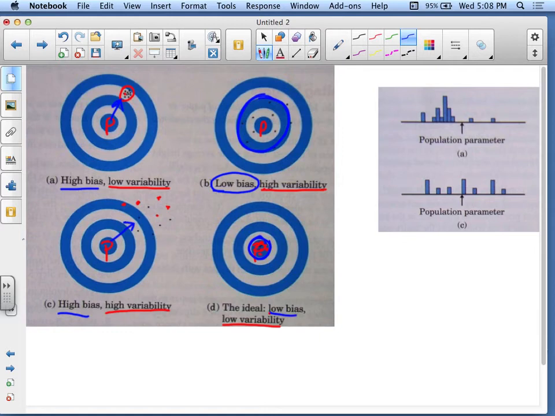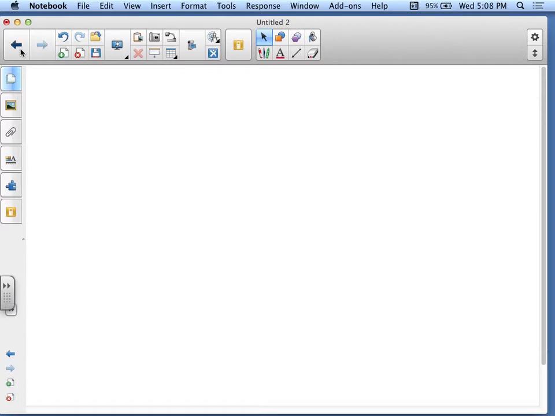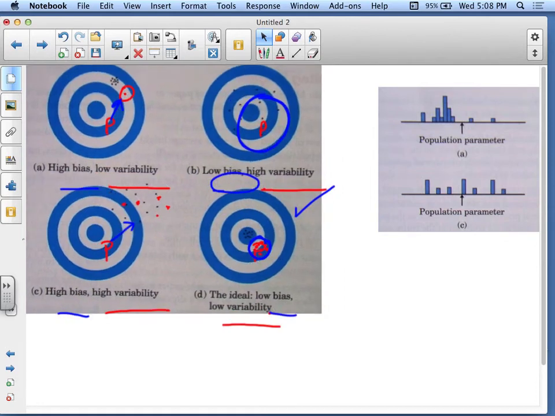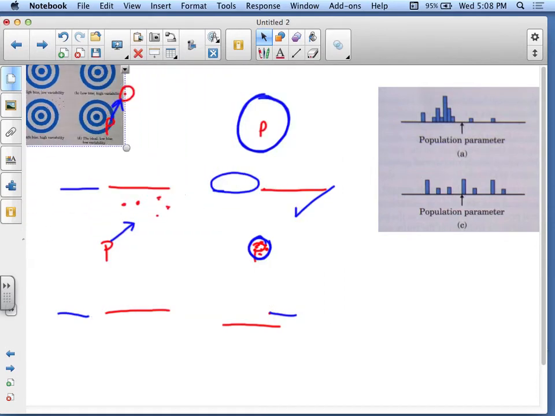And this right here is the most ideal situation. So that basically covers this picture. So let me go ahead and move this out of the way.